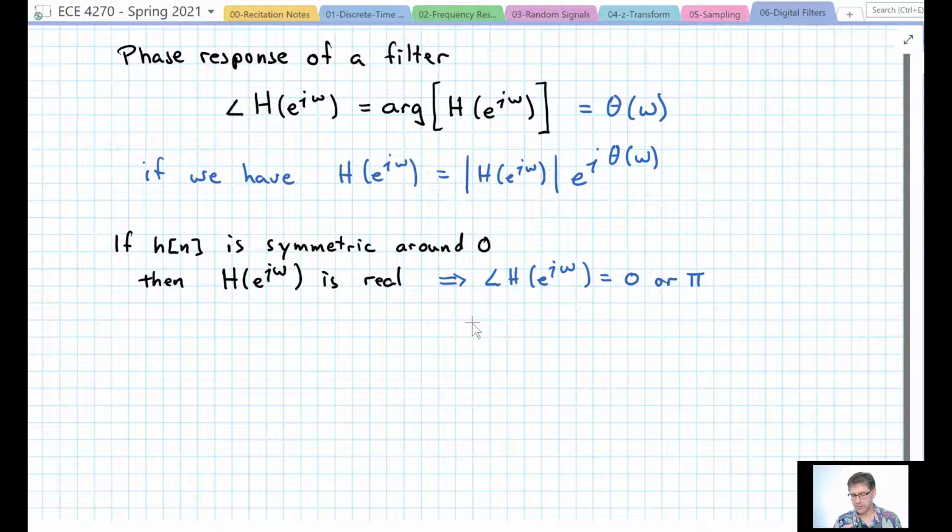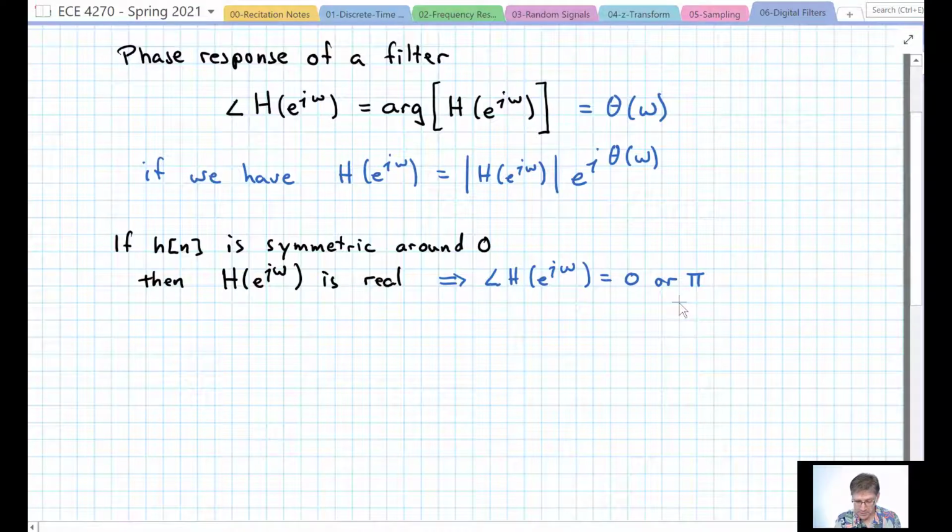I'll explain that a little bit more as we go along, but if H(e^jω) is negative, it can still be real. But once it's negative, in order to do this magnitude phase factorization, this negative portion has to show up someplace, and it shows up in the phase as a phase of pi. So as a function of omega, it could have a phase of 0 or a phase of pi.